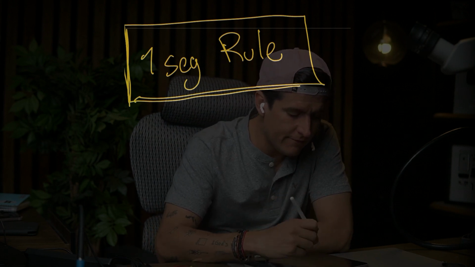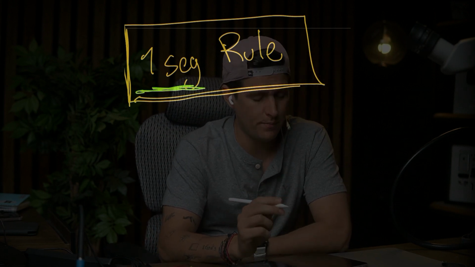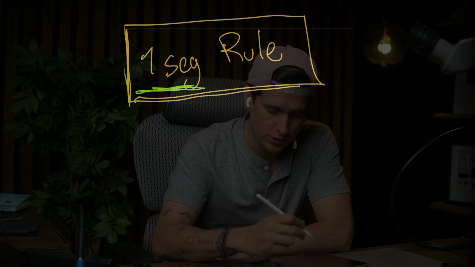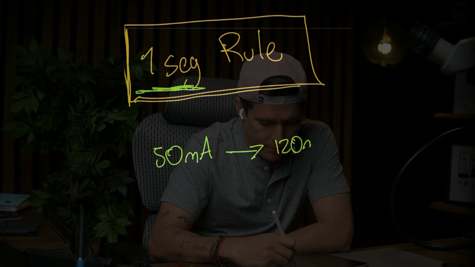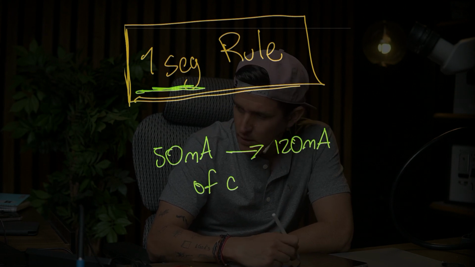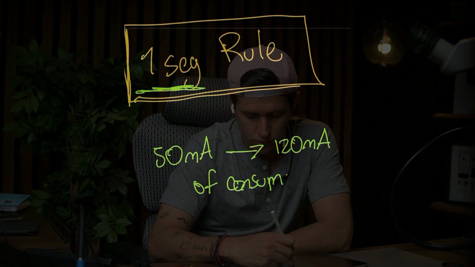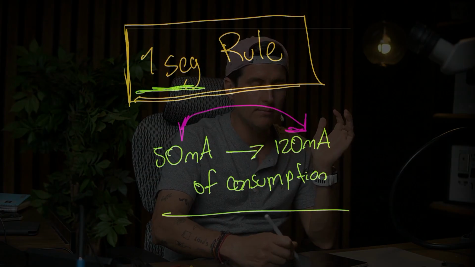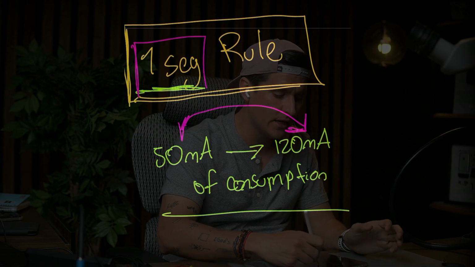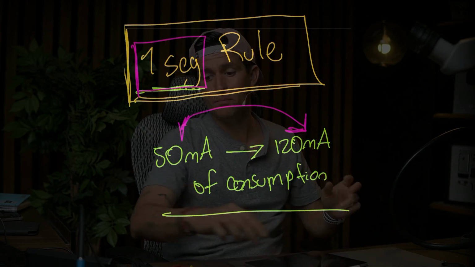All the iPhones, in the first second, when you press the power button, you are going to have 50 milliamps to 120 milliamps of consumption, okay? This is so important. I don't care which model you are trying to fix. All the models have to have between 50 to 120 milliamps in the first second of the power. This is so important, okay?